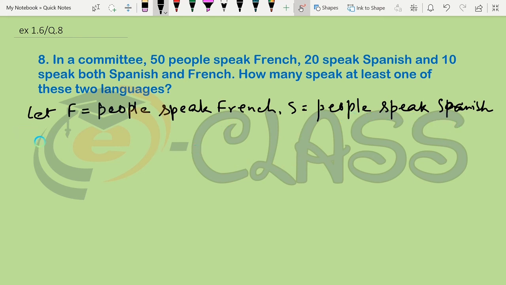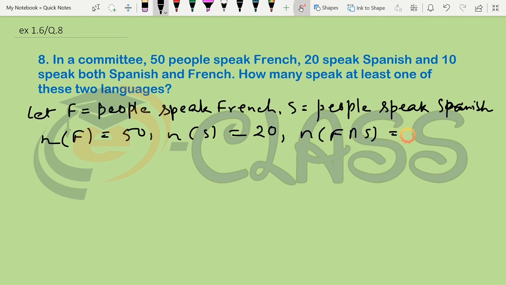So N of F equals 50, N of S equals 20, and both, that is N of F intersection S, equals 10.